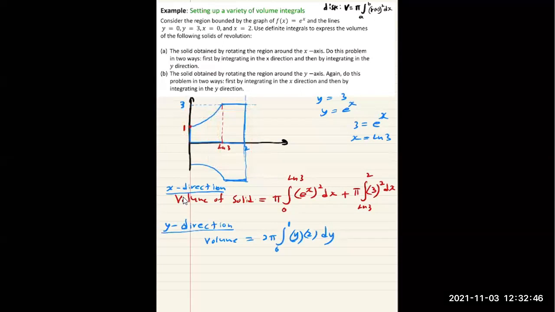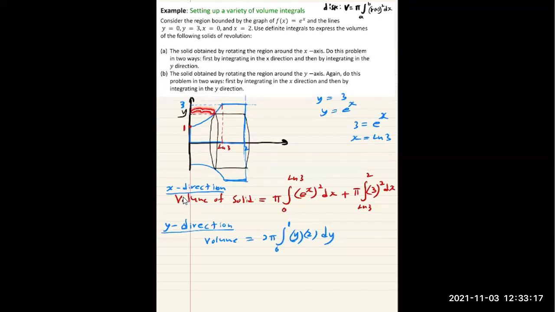To find the height, let me actually draw that representative cylinder here. Here is your representative cylinder. I take this to be y, then the radius is y. To find the height, you need to find this length first. How do you find that length?